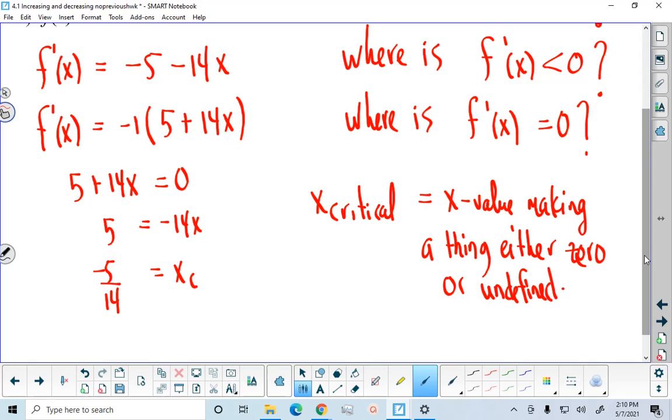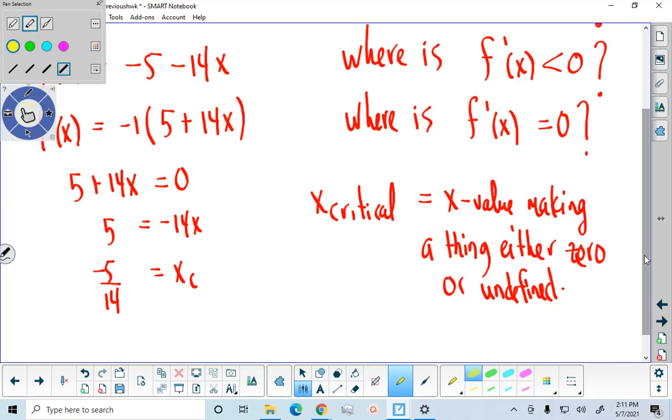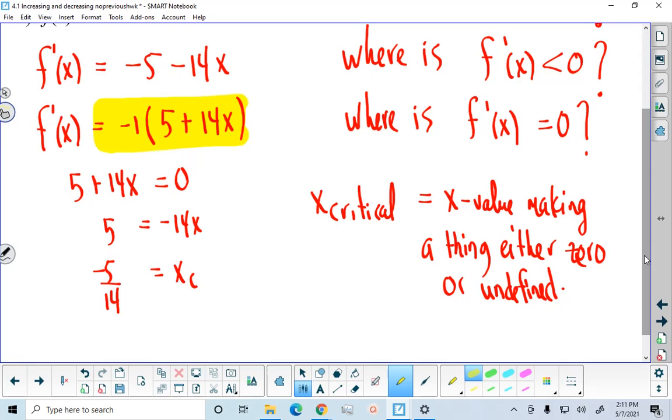Now, this thing that we're talking about here is the derivative. So if I said to you, are there any values that make the derivative undefined, you would say no, because x can be any real number here, basically. You're not dividing by anything. You're not taking any square roots. There aren't any restrictions on x.